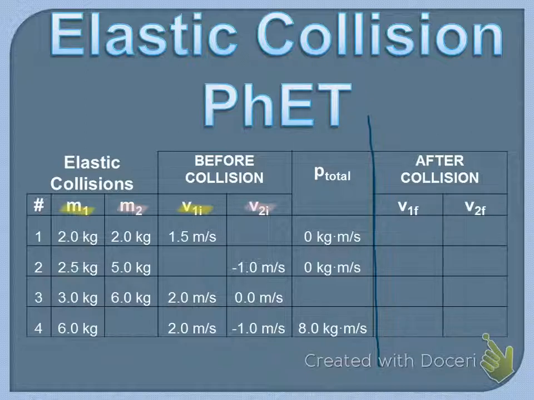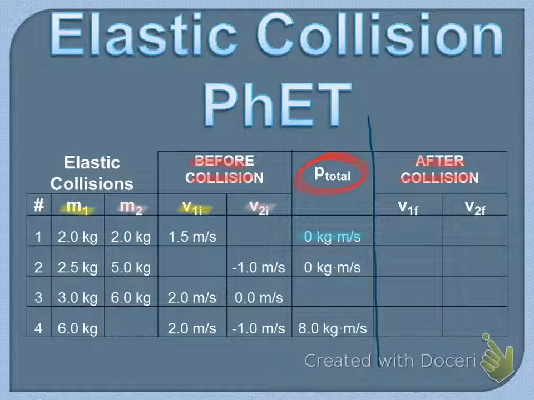The sum of those momentums before a collision has to equal the sum of those momentums after the collision. But here's the key right here, our total momentum. The momentum before has to equal the momentum after, has to equal the total momentum. So for our first one, we have a total momentum of 0 kilograms times meters per second.